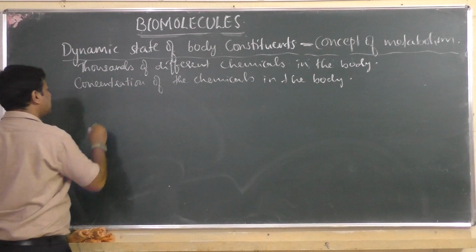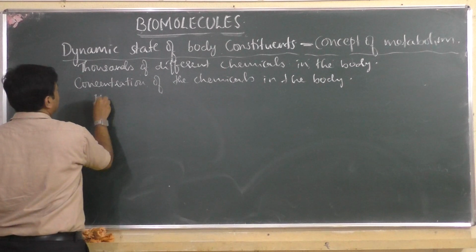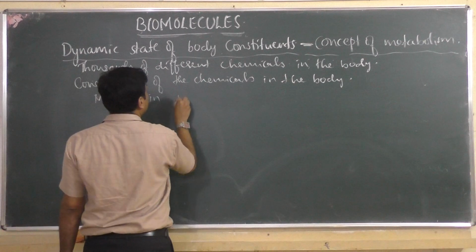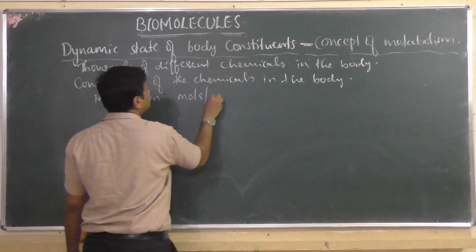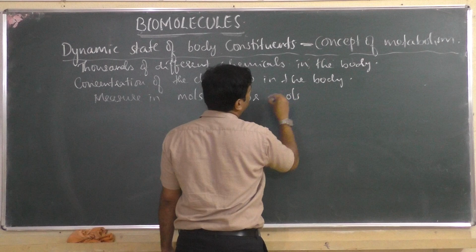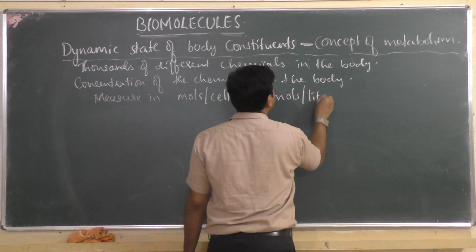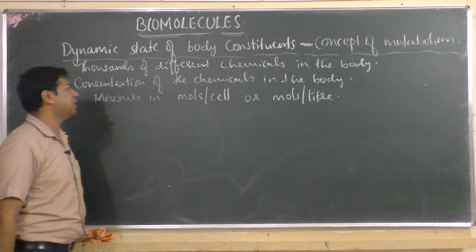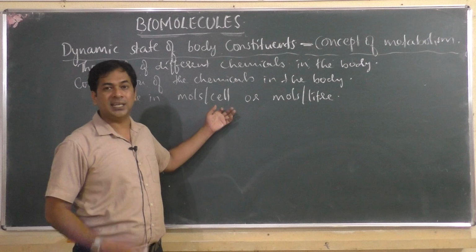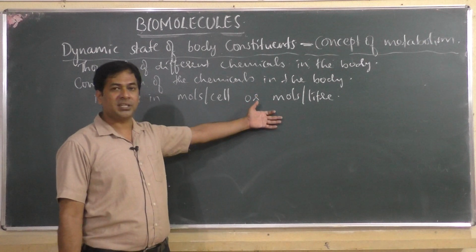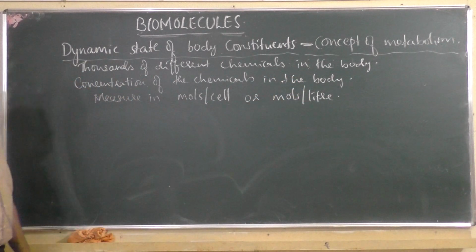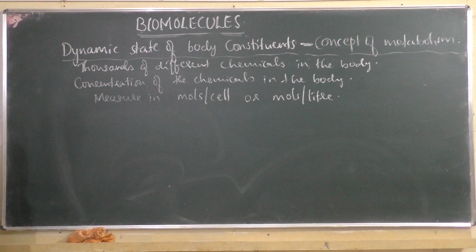And the concentration of these chemicals we measure in terms of moles per cell or moles per liter. Okay, this is how we measure how many moles of that particular chemical is there in one cell of the body, or how many moles of the chemical is there per liter. That is how we measure these chemicals in our body.